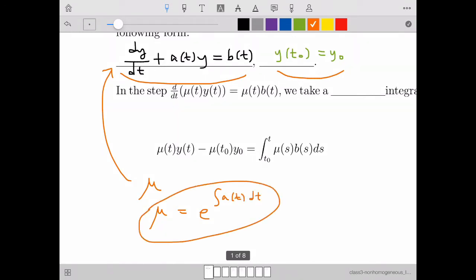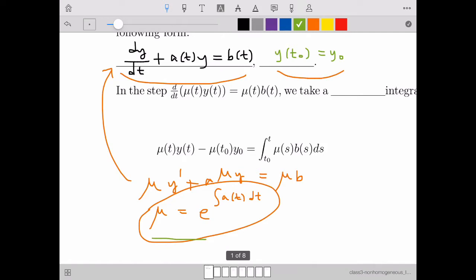Once we multiply mu everywhere, we've got mu y prime plus a mu y equal to mu b.